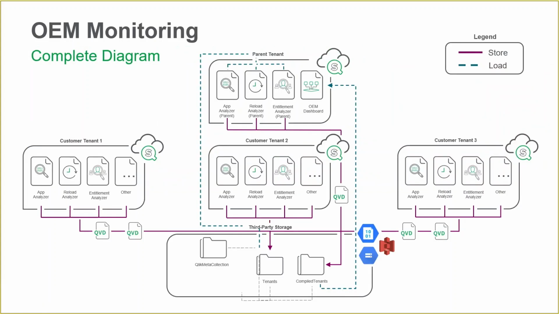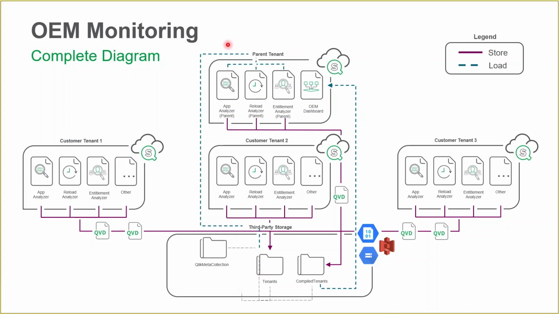This diagram just gives again a single overview over the 3 steps we just walked through. So here in the middle, you've got your customer tenants or child tenants, which collect individual QVD files on a tenant level and store them to the centralized file storage.